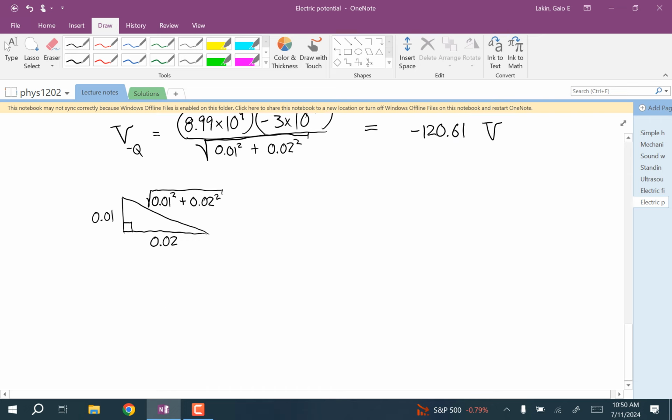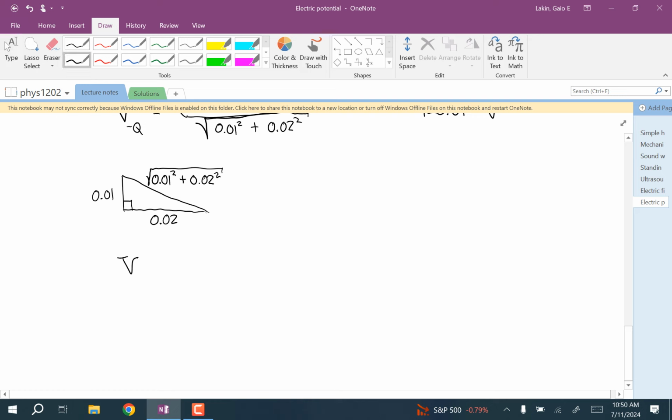And so the total electric potential at that point is 269.7 minus 120.61, and that is 149.09 volts.